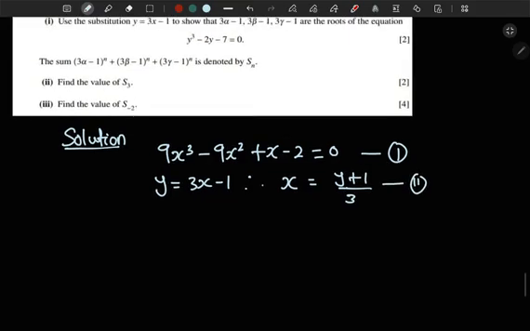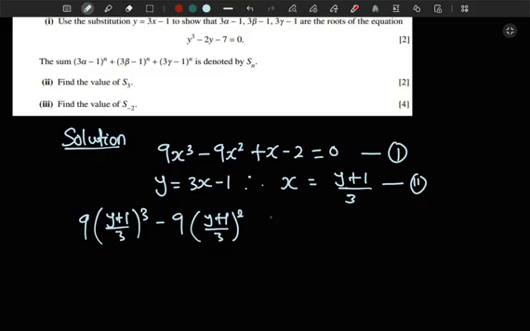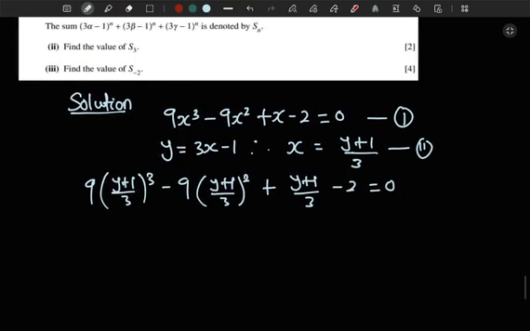Alright, so when you substitute 2 in 1, you have 9 in brackets, y plus 1 over 3, all cubed, minus 9 times y plus 1 over 3, all squared, then plus y plus 1 over 3, then minus 2 equals 0. So let's simplify what we have in the brackets first, which is 9 times y plus 1 cubed.